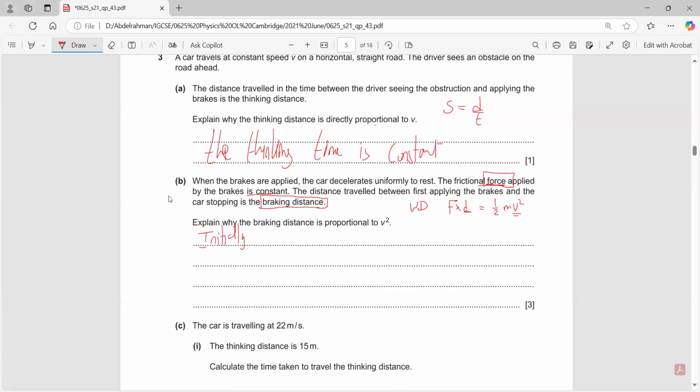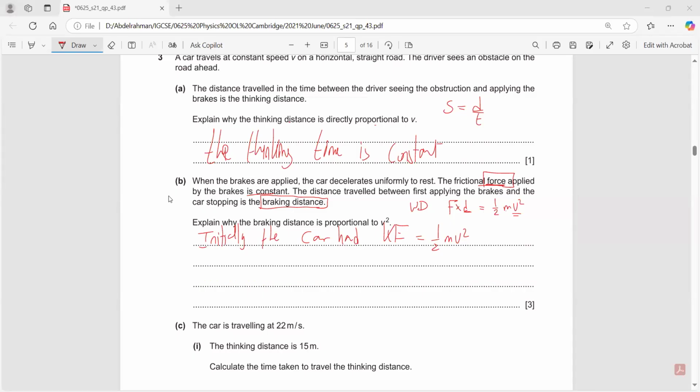Initially, the car had kinetic energy, which was equal to half mv squared. Initially, the car is moving. Okay, this is quite sensible. The car was moving with half mv squared.